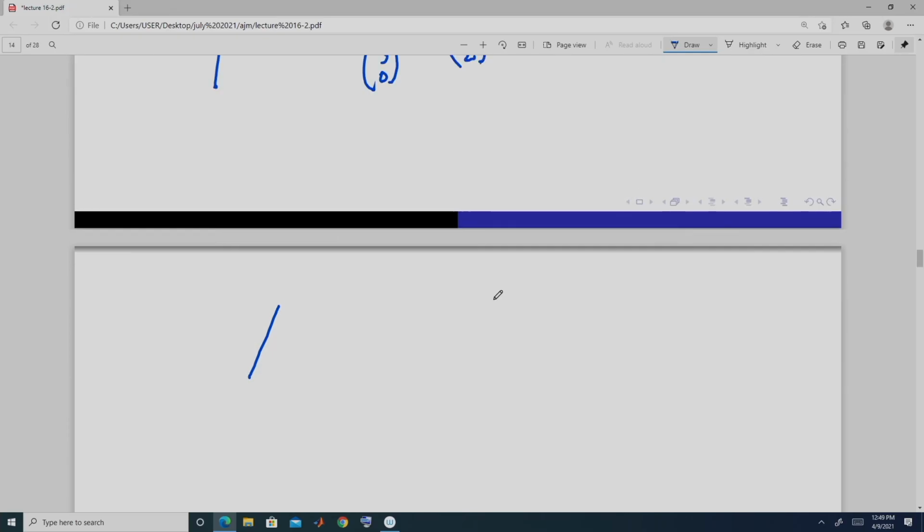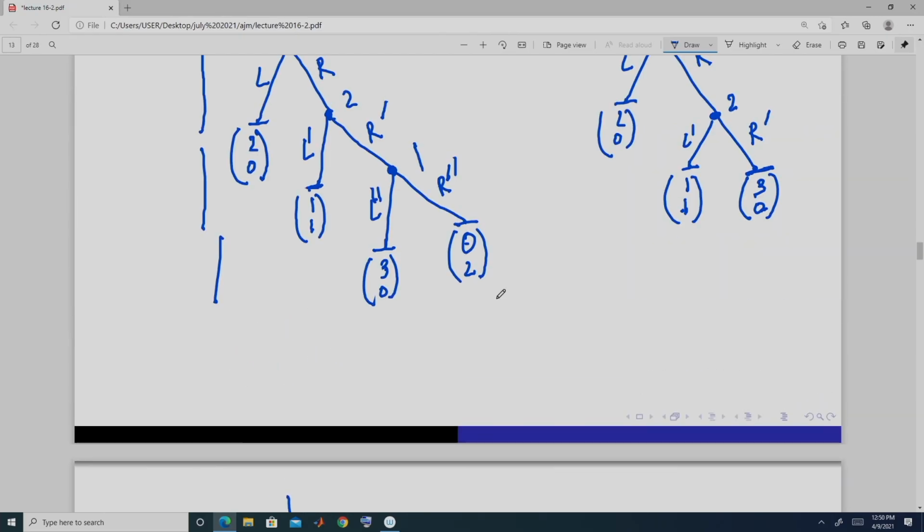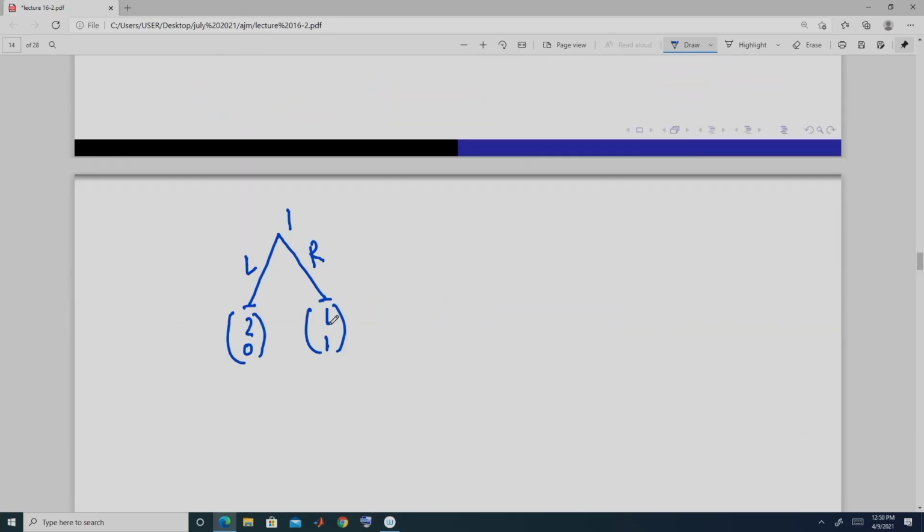So this becomes this. Player 1 is always going to choose L rather than this, because 2 is greater than 1.